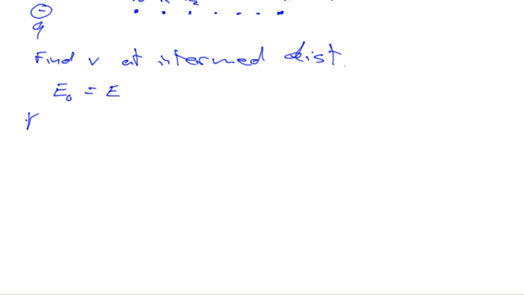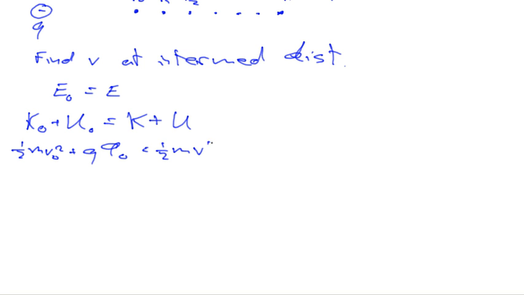So that's K initial plus U initial is K intermediate plus U intermediate. That's 1/2 mv0 squared plus q phi 0 is equal to 1/2 mv squared plus q phi.